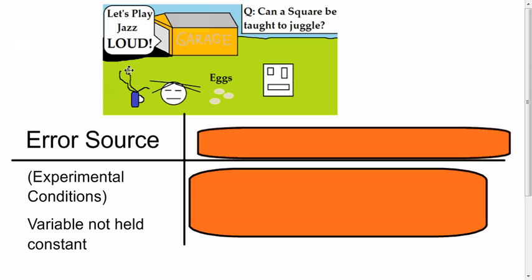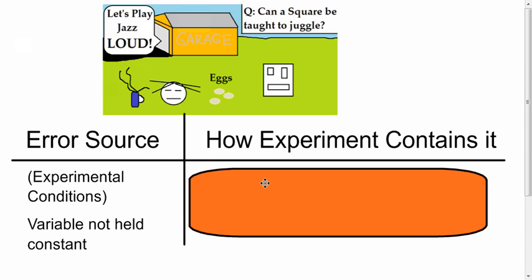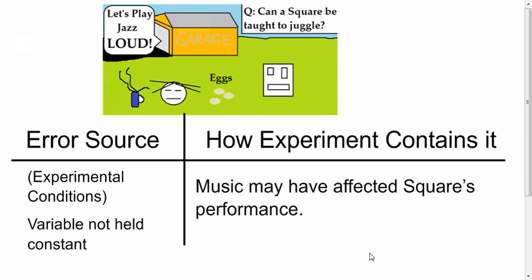Perhaps the music influenced this person's ability to juggle or not juggle. And therefore, you don't know whether it's the music or whether it's the person's ability to teach the other person.